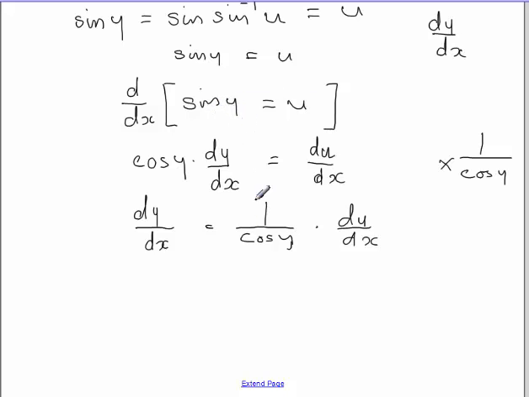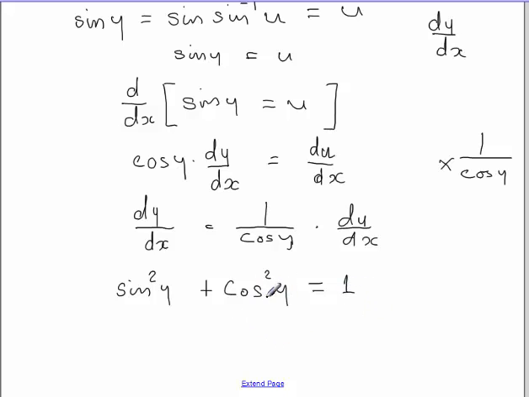But first of all, before we do that, let's think about sine squared y plus cos squared y, and I'm expecting you to tell me what that is equal to. It equals 1.